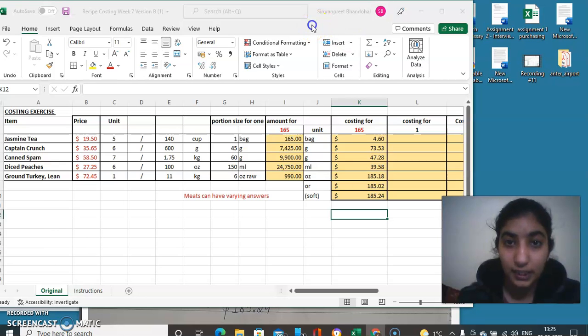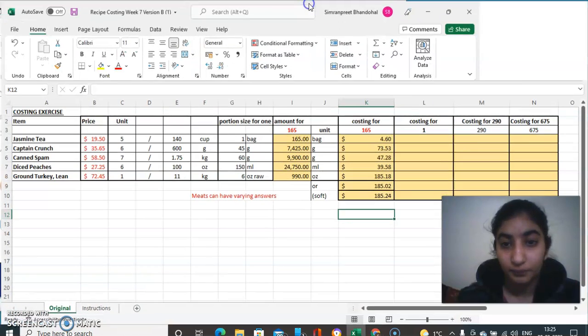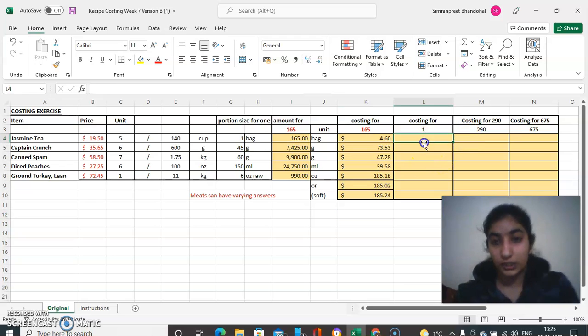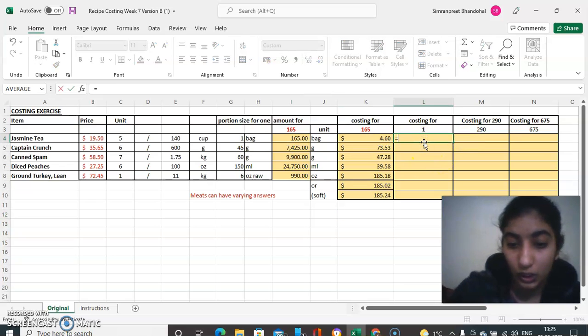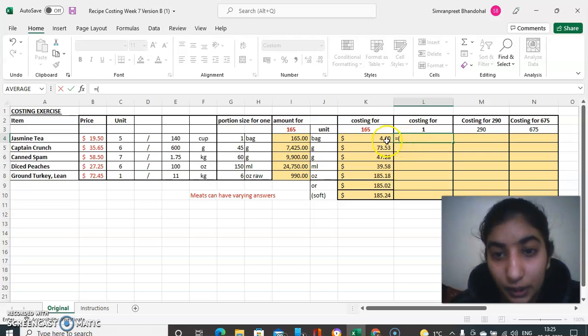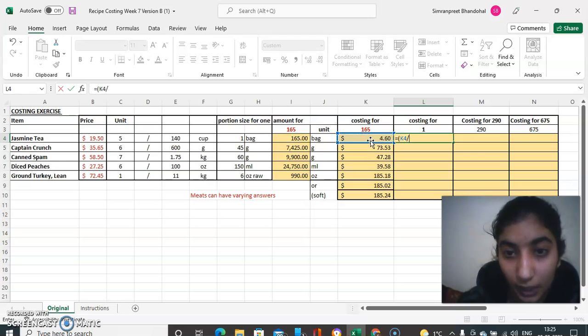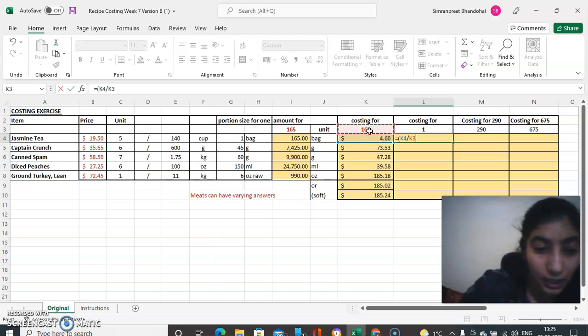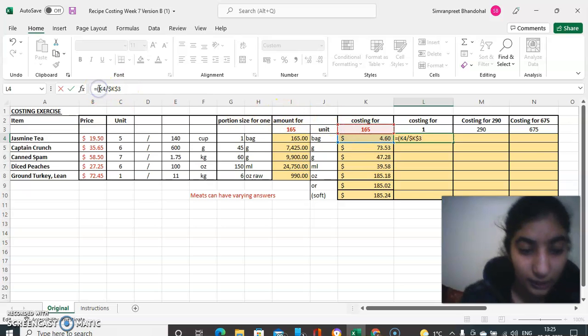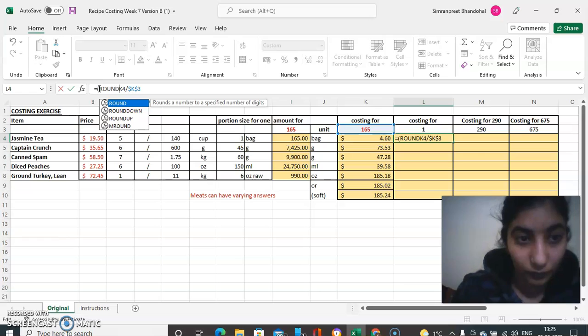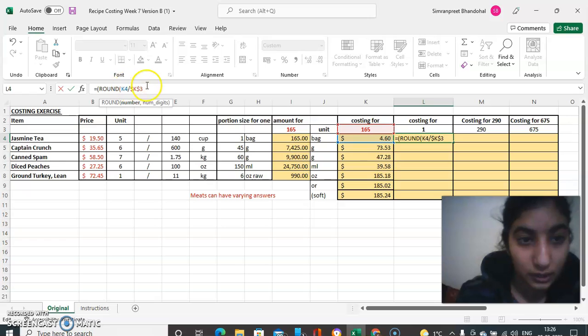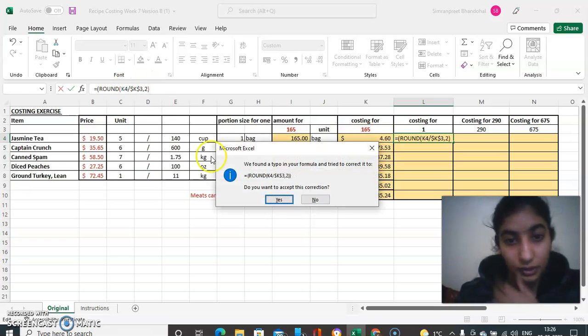The rest is easy, where we will be doing the costing for 1. That means we will do is equal to bracket start 460 divided by 165, absolute cell referencing, and we will also round it, round bracket start, comma 2, bracket close and then enter.